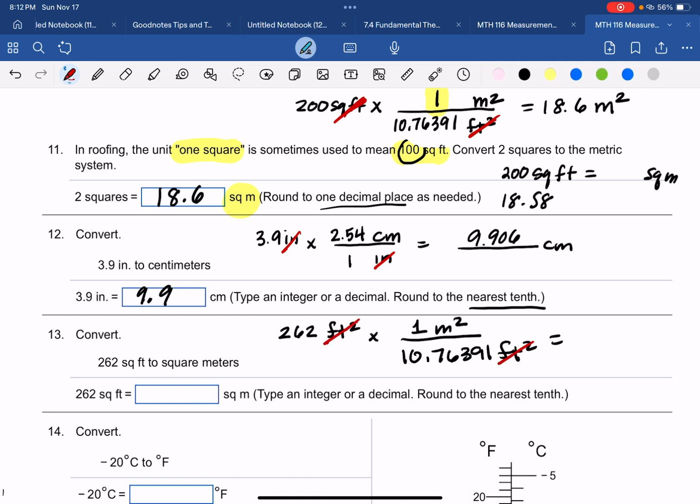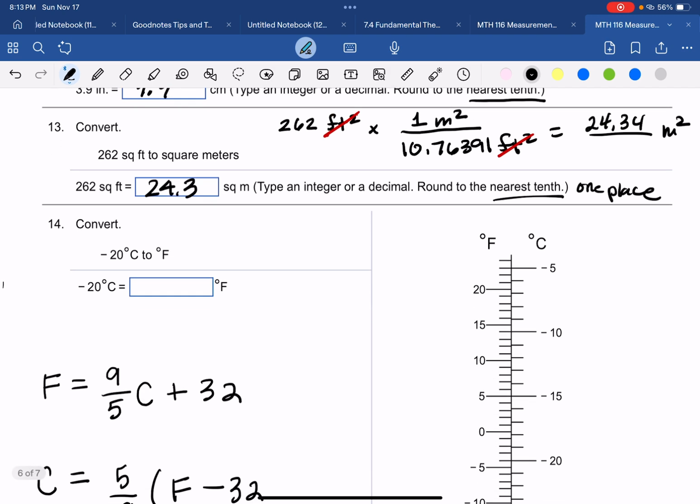My answer is now going to be in square meters. And I need to divide because the 262 is on top and the 10.76391 is on the bottom. And when I do that, I get 24.34, and they want it to the nearest tenth, which is one place. So 24.3 square meters in 262 square feet.